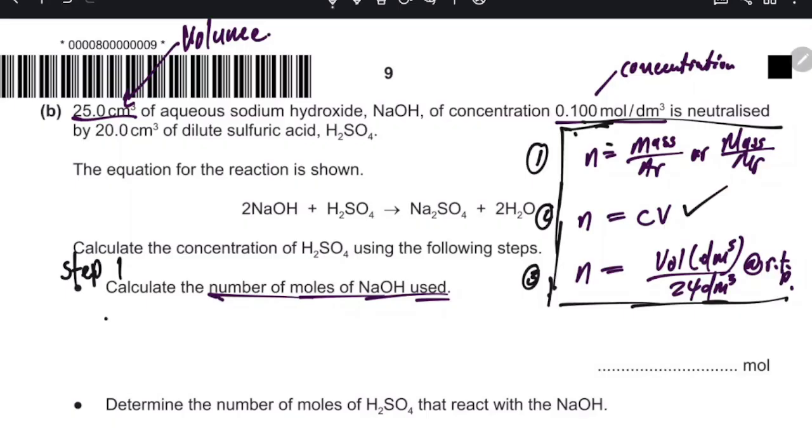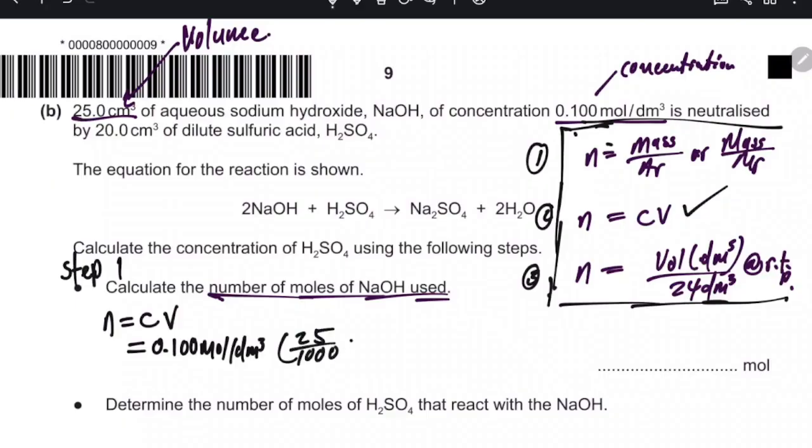So you're going to see, oh, volume, oh, concentration. So it's going to be this one. I want to see that. You're going to say number of moles is equal to concentration times volume. What is the concentration? 0.100 moles per dm cubed. Times the volume. What is the volume? 25 over 1000, and that's dm cubed.